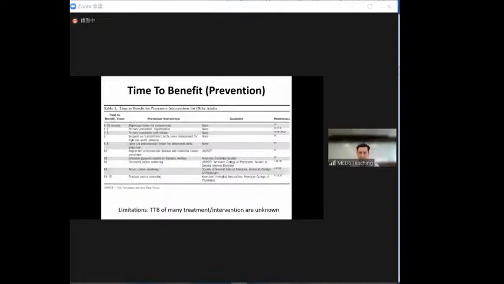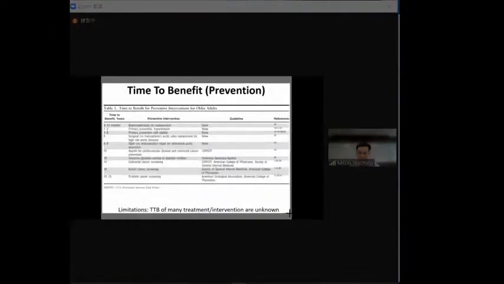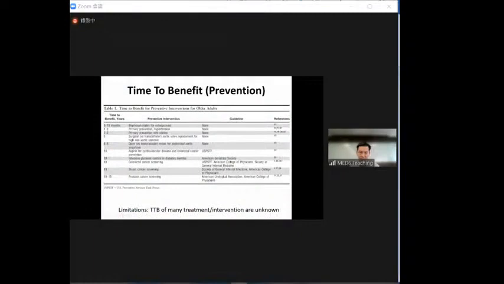So this is the table showing some preventive measures and their time to benefit. As you can see, the literature shows that for the statin for primary prevention of atherosclerosis or any cardiovascular event, it takes 2 to 5 years. If the patient has a life expectancy of less than 2 to 5 years, you would probably consider this medication less relevant.